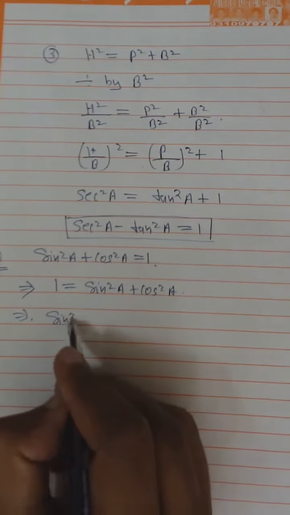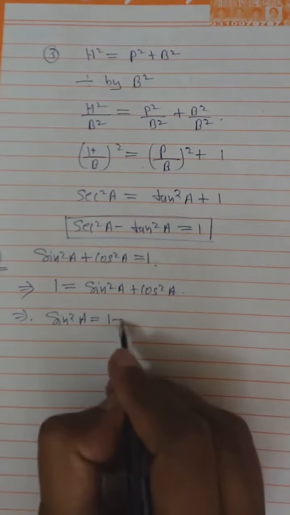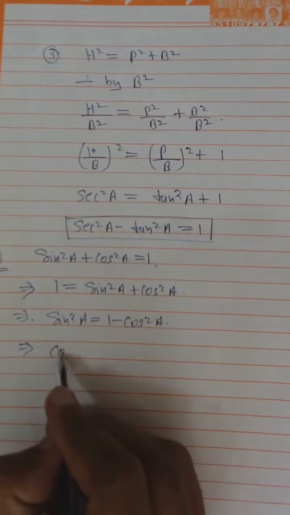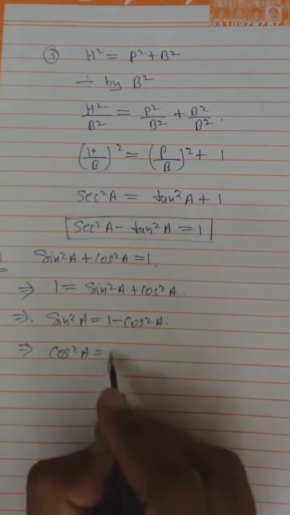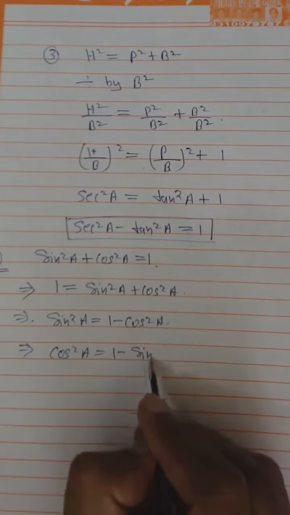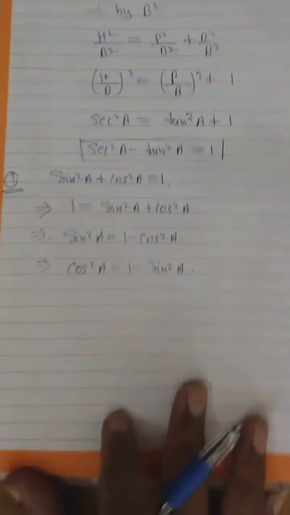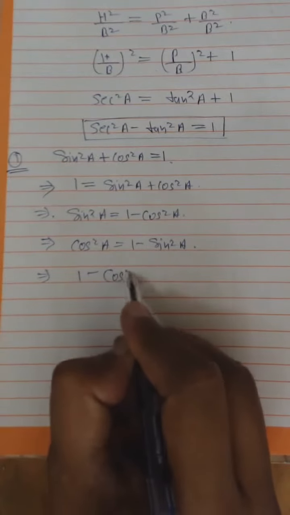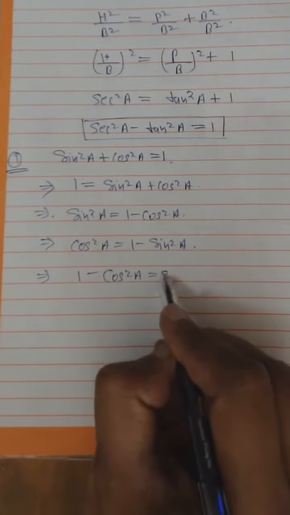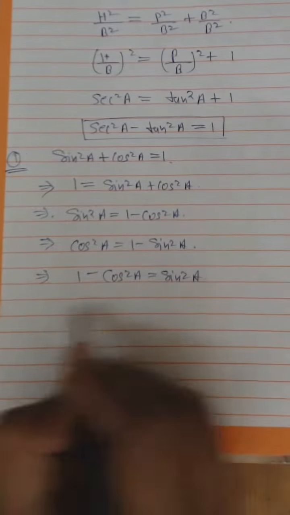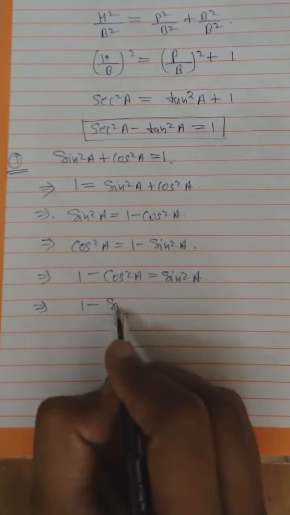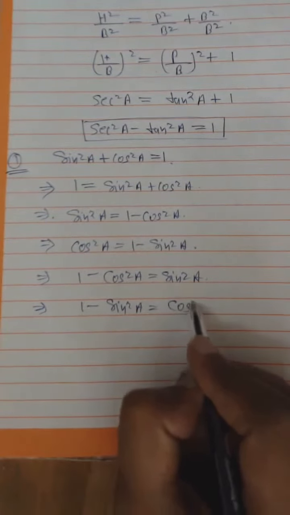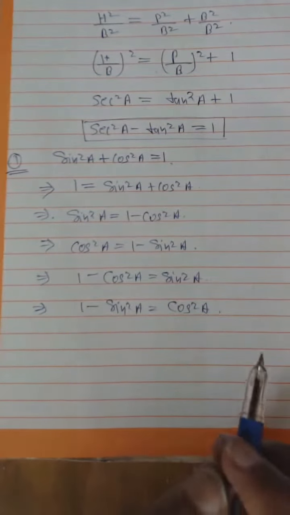In place of sin square A, I can put 1 minus cos square A. In place of cos square A, I can put 1 minus sin square A. Next, in place of 1 minus cos square A, I can put sin square A. In place of 1 minus sin square A, I can put cos square A.